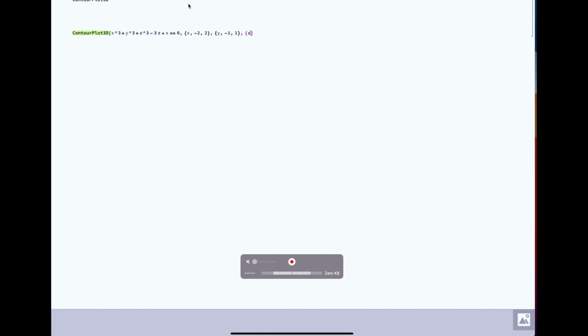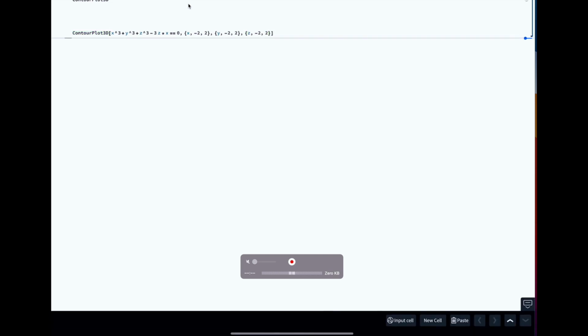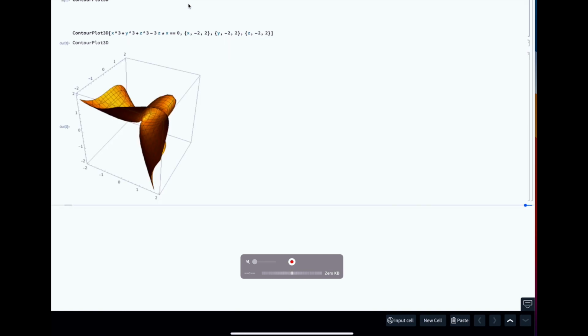And then let me go z between -2 and 2, and ask Mathematica. Hopefully I have done everything correctly. Then I run this. It takes a little bit of time. It's calculating. Okay, now at least you see the picture, yes?